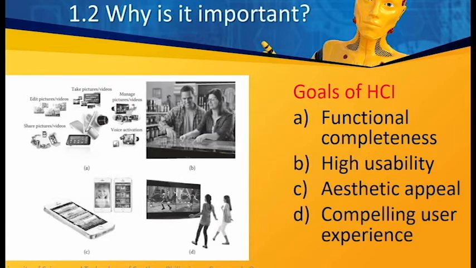Then last is its compelling user experience. So it should be an interactive user experience, just like what you can see in figure D. So these are the goals of HCI. We have functional completeness, high usability, aesthetic appeal, and compelling user experience.